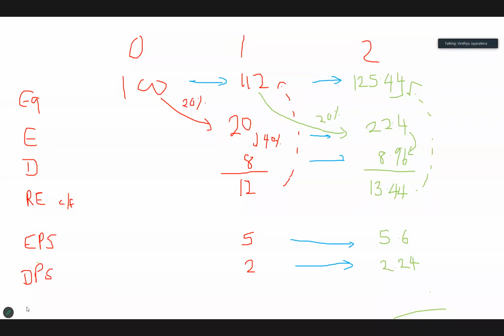How much is it? 12%. Yes. All of these: 2 to 2.24, 5 to 5.6, 8 to 8.96, 20 to 22.4, and even the growth in equity is 12%.